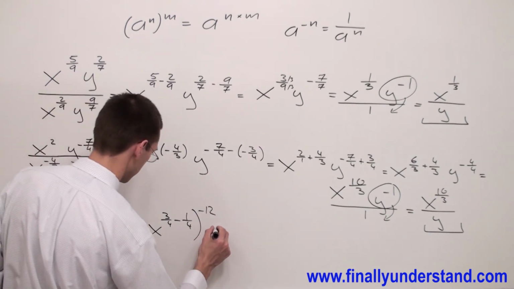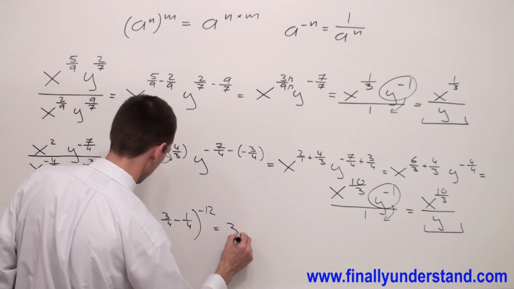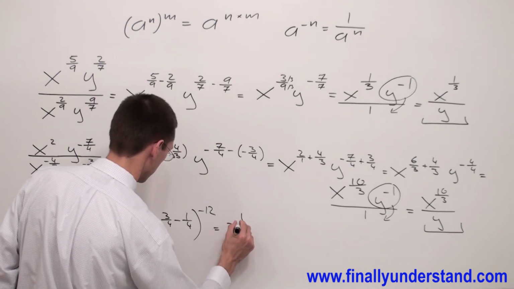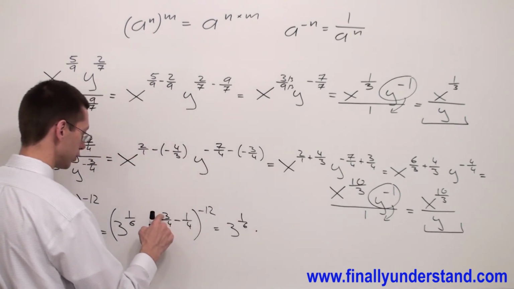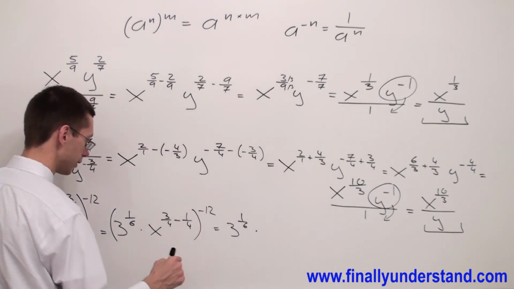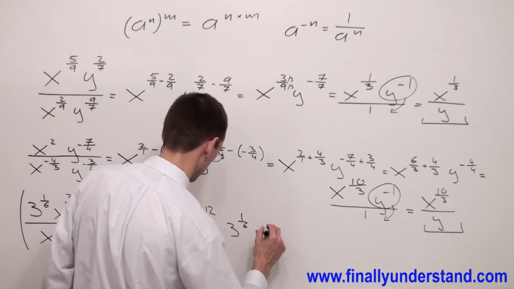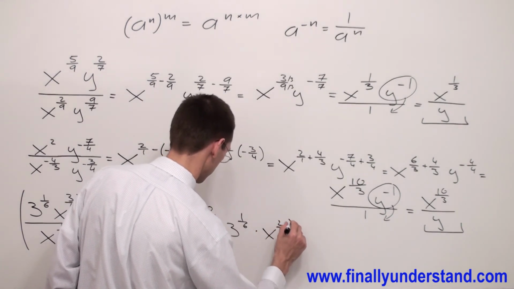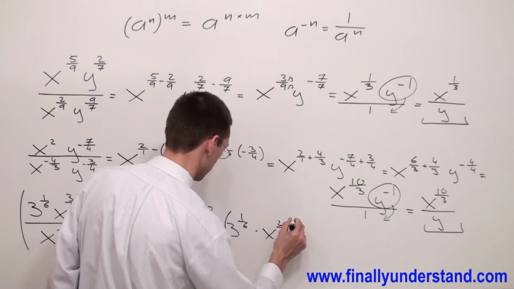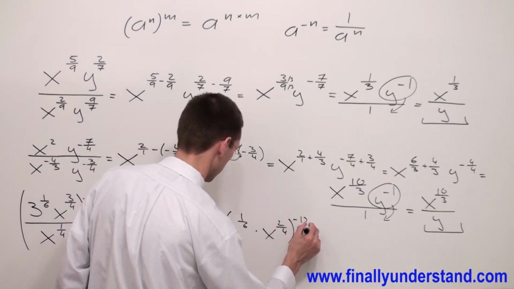I have 3 and 1/6 times x, 3 minus 1 gives me 2, and everything is raised to the power negative 12.